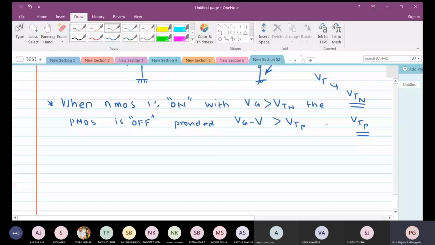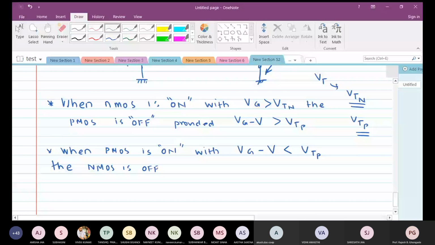Similarly, when PMOS is on, with Vg minus V less than VTP, the NMOS is off, provided Vg is less than VTN.